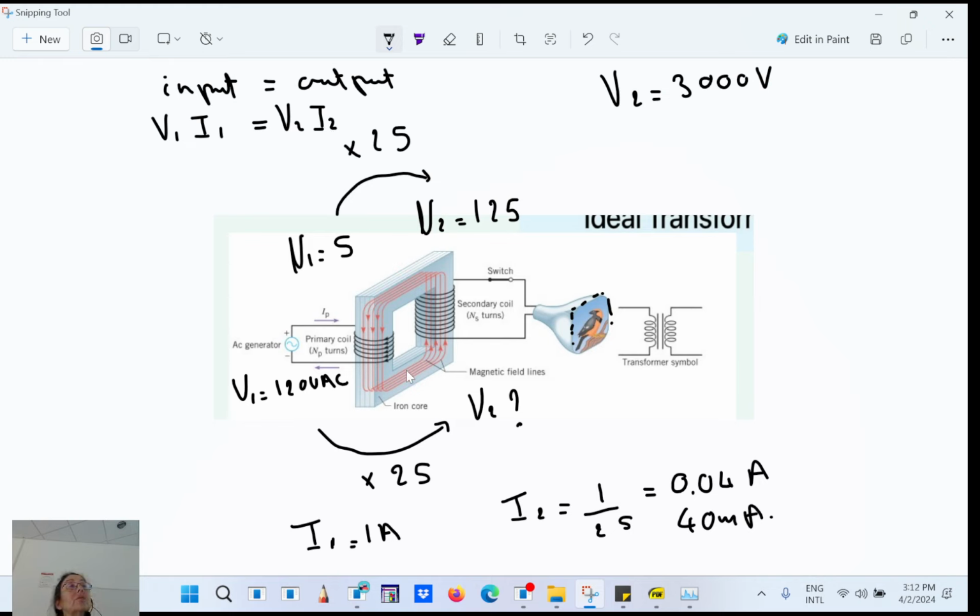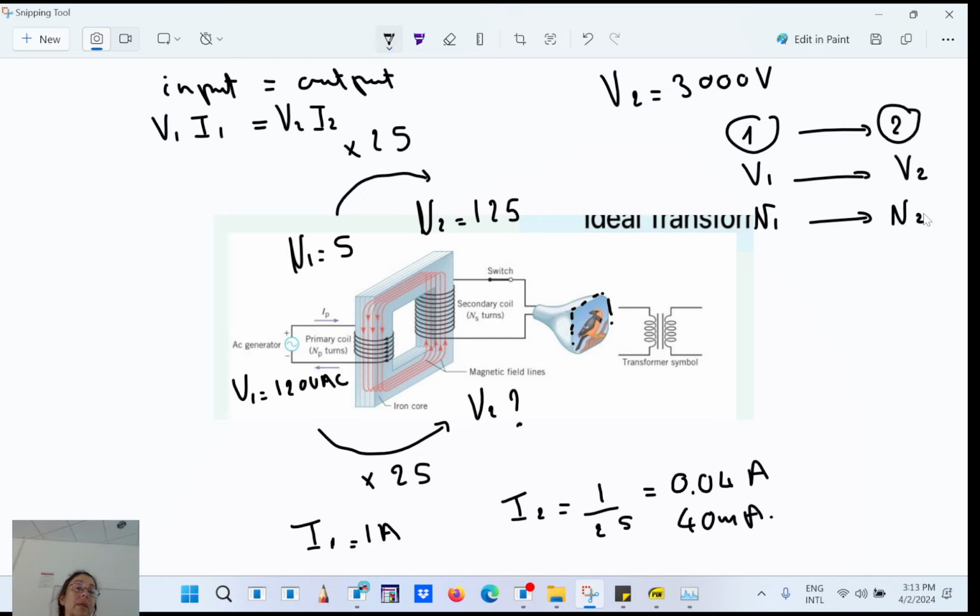So what's the equation for the transformer? It's very simple. You go from V1, the voltage in the primary coil, to the voltage in the secondary coil. Here you have N1 loops, here you have N2 loops. So you have V2 over V1 equals N2 over N1.